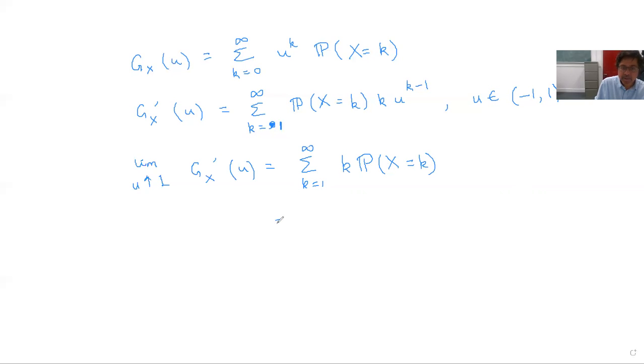You recognize this as just the definition of the expectation of the random variable X. Okay, so we can calculate the mean of a random variable by differentiating its generating function at 1. And that should be understood more carefully as taking the limit as u increases to 1 of these derivatives. Usually the generating function is differentiable at 1 and the limit is the same as g_X prime of 1. But even if g_X is not differentiable at 1, you can calculate this expectation by taking the limit.